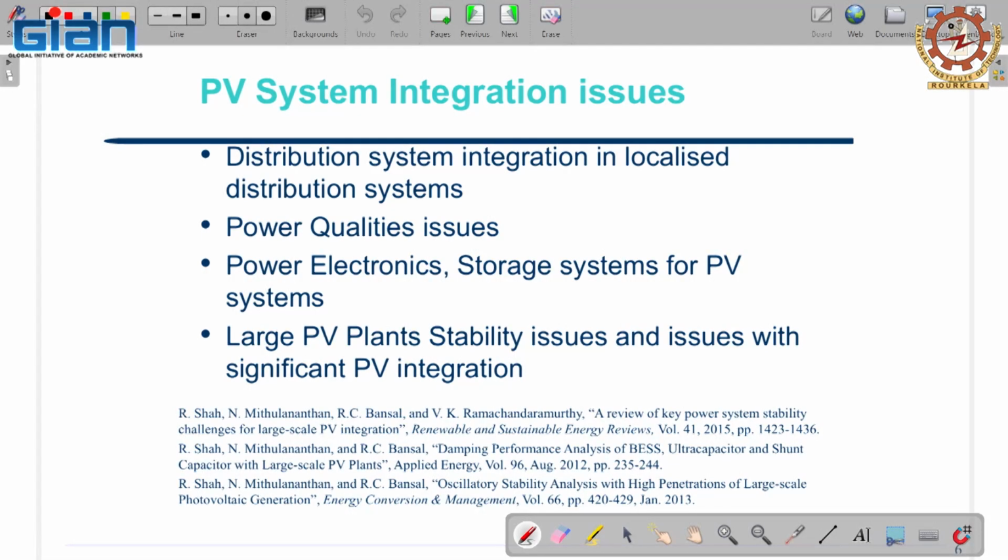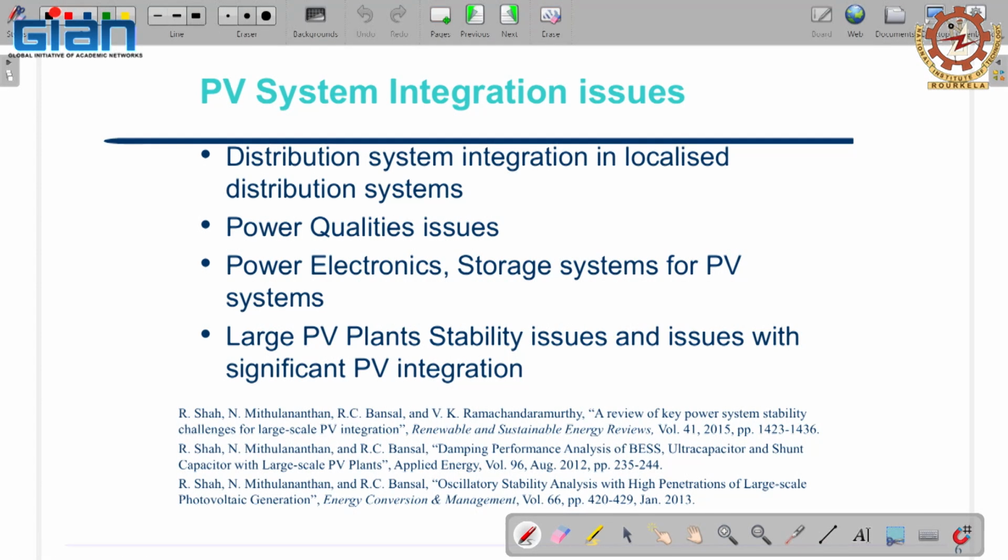But if it becomes like a large farm, I give an example that PV systems in our country we have more than 2000 megawatt capacity. If you are going to generate 2000 megawatt power, then voltage you have to go for a higher level.